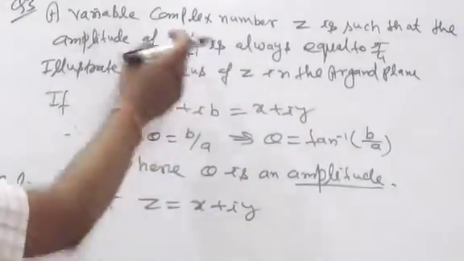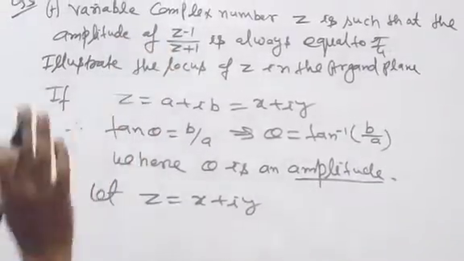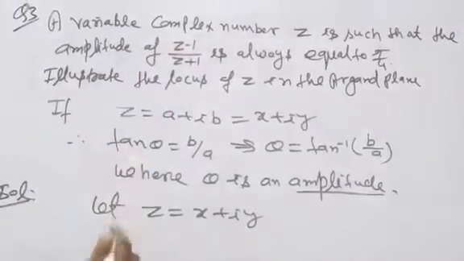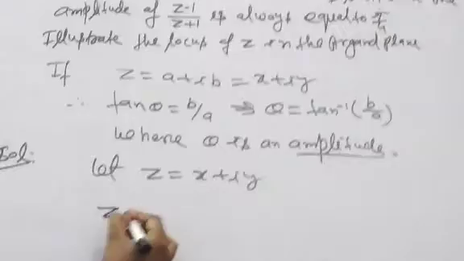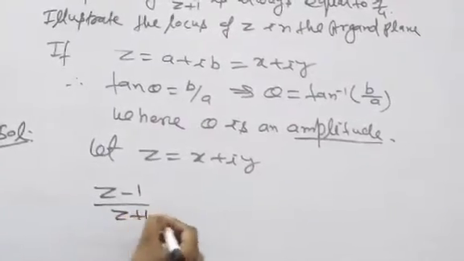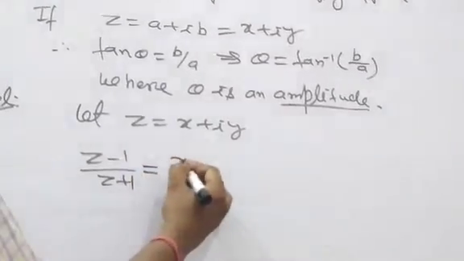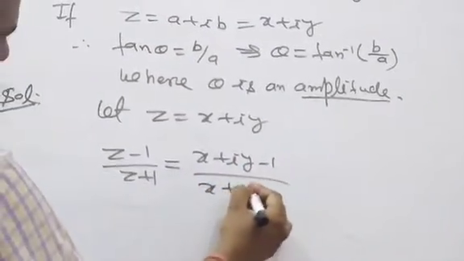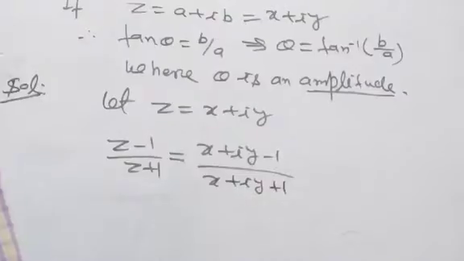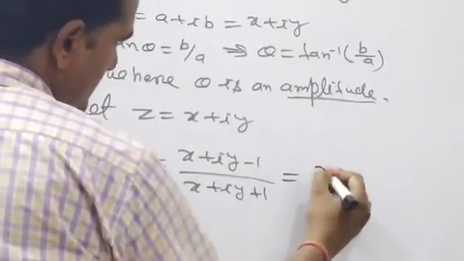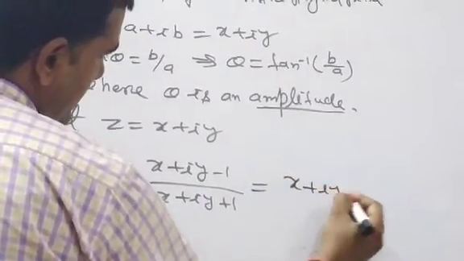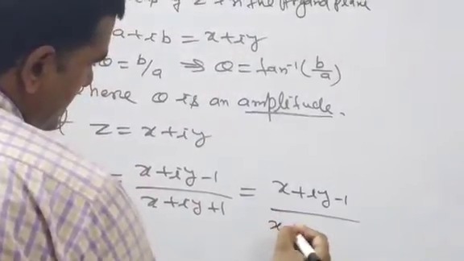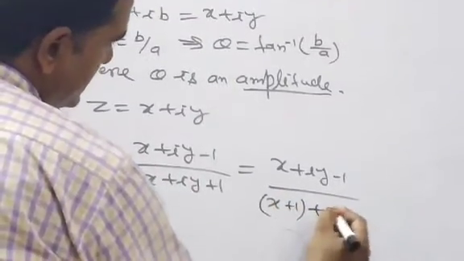Now putting in the amplitude of this, z minus 1 by z plus 1 is equal to x plus iy minus 1 upon x plus iy plus 1, is equal to x plus iy minus 1 upon x plus 1 plus iy.